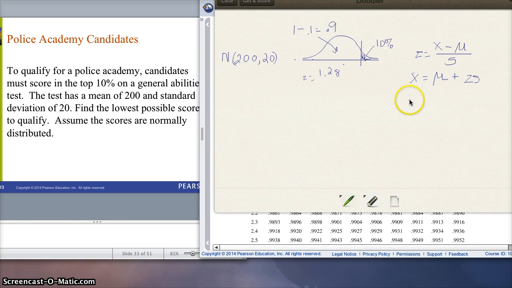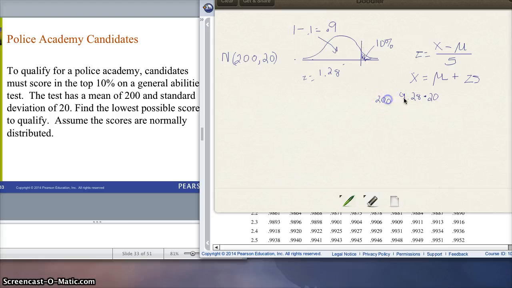So my z is 1.28, I'm sorry, that's my z. So z times the standard deviation. My standard deviation is 20, so 1.28 times 20. Then add in the mean, which is 200.